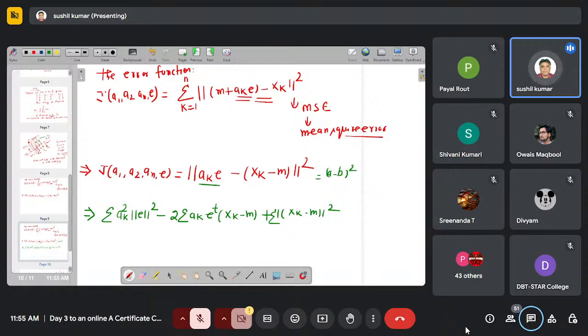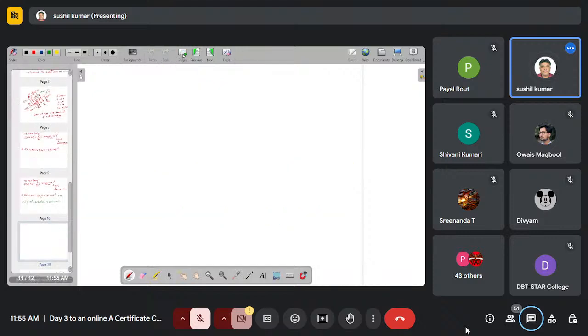Yes, how can you minimize it? If you know anything about optimization, you can answer this question. How can you optimize this equation? So to minimize the error, find the derivative.